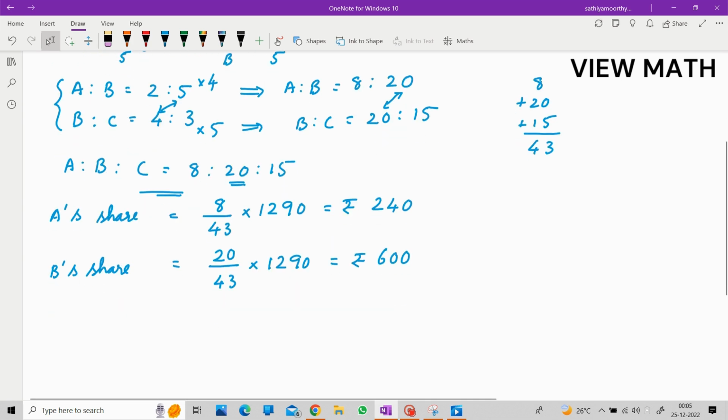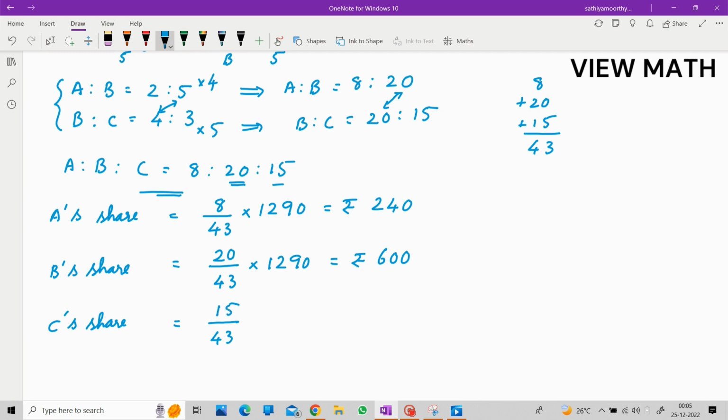Next, C's share is equal to, the total is 43. If you add, you are getting 43. In that C is 15. 15 by 43 of 1290 is equal to rupees 450.